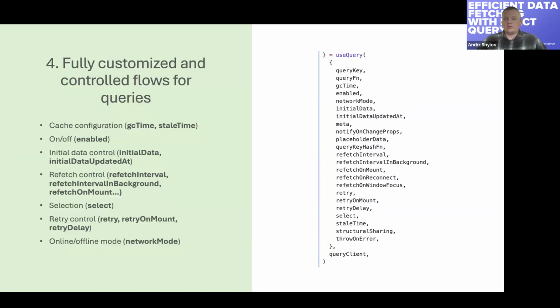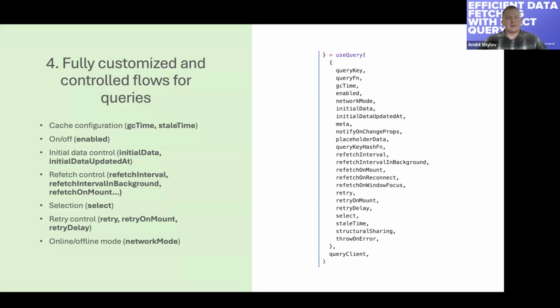And so now we'll talk more about options. How can you customize your queries? Here you can see a list of options you can provide to this useQuery hook. The most important, I'd mention on the left side, is gcTime, which is the cache time.